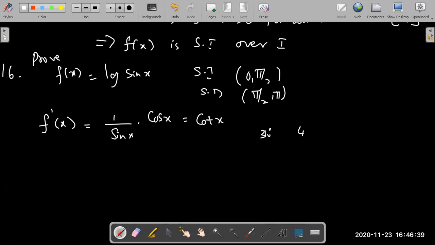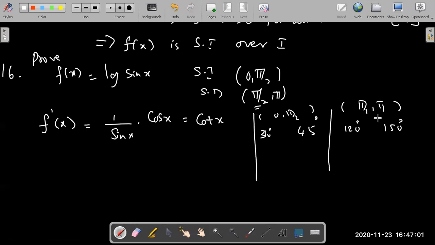And this one is the second interval, between 0 to pi by 2. And further intervals are over 90, let's say 120 degrees and 150 degrees, between pi by 2 to pi. So I'm making a table kind of a thing.